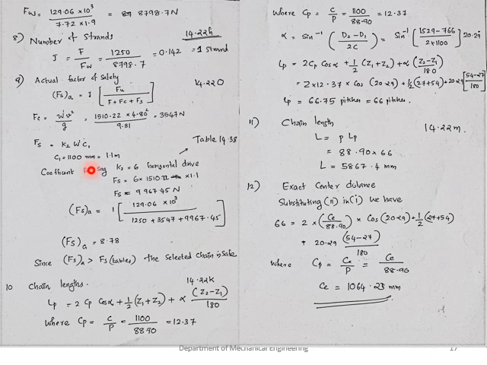Here the actual factor of safety is greater than the factor of safety obtained from the tables, and the selected chain is safe. Then find the chain length using this 14.22 equation.